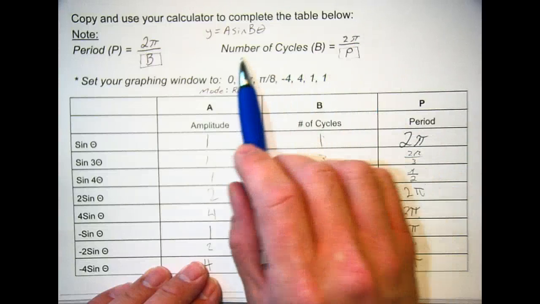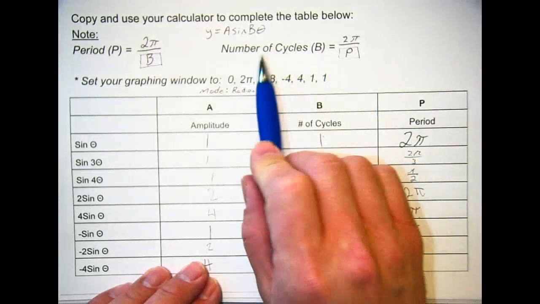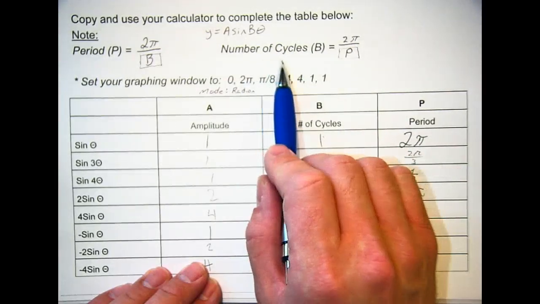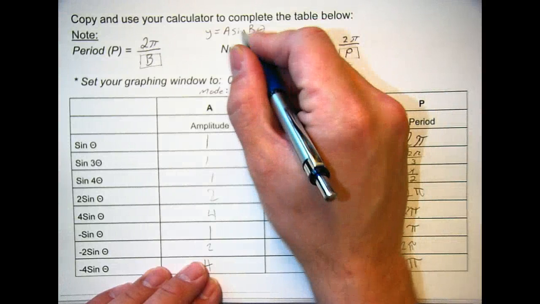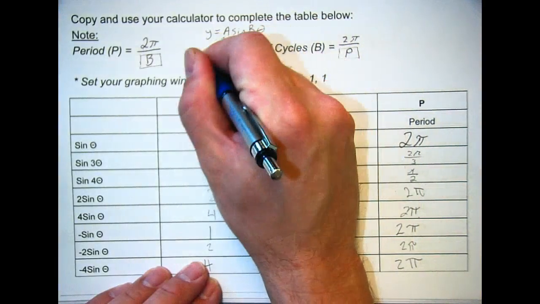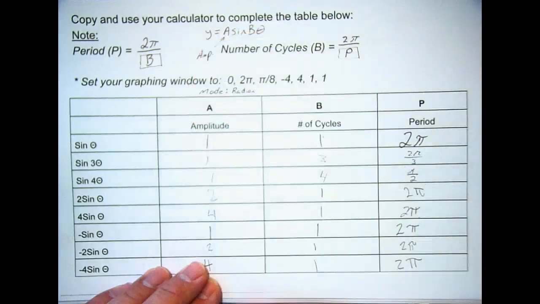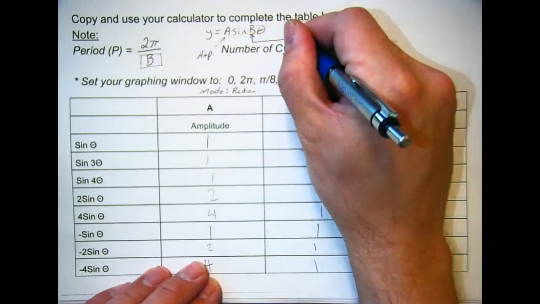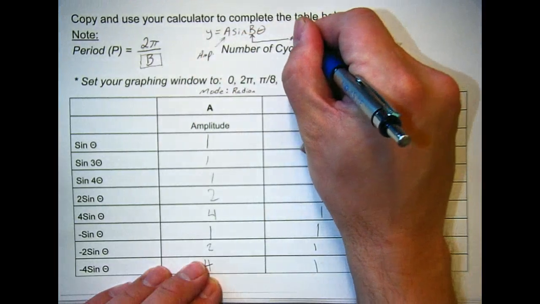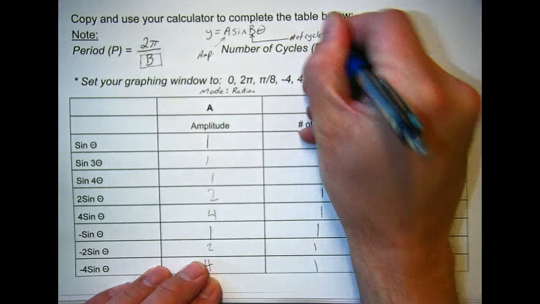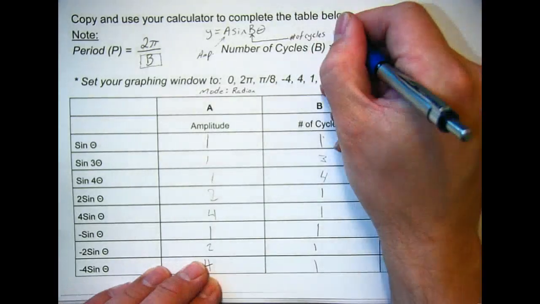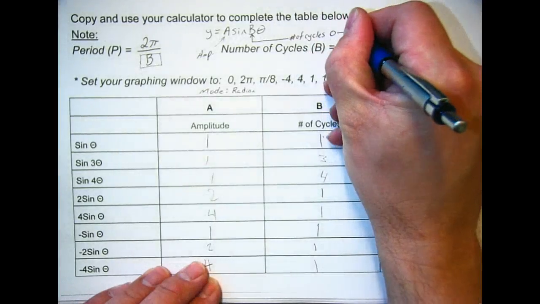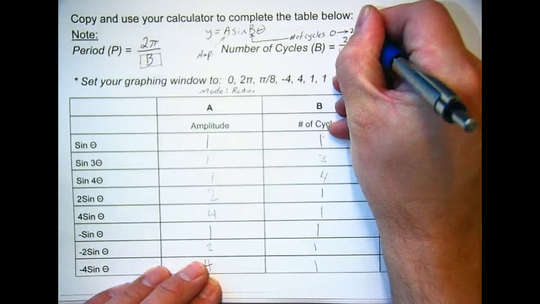Listen up. B is the number of cycles between 0 and 2 pi. So when we're looking at our equation here, A is our amplitude. B is the number of cycles. Make sure you add that from 0 to 2 pi.